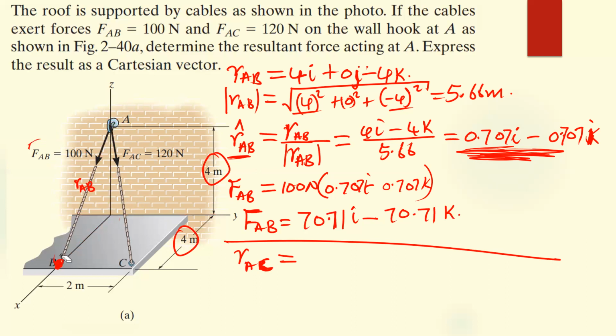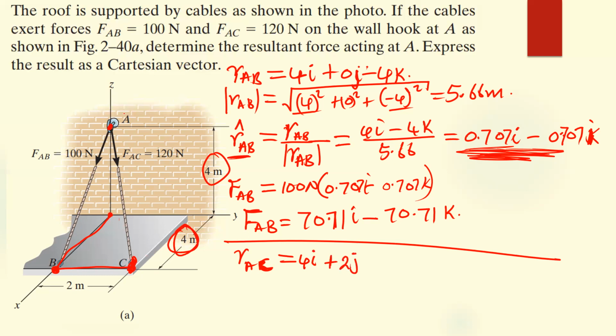Let me just erase everything so that you follow it up bit by bit. So we're moving from A to C. In the X, we're moving from that point up to that point, so how many units? 4 units in the X. Then in the Y, we're moving in the positive direction of Y by 2 units.